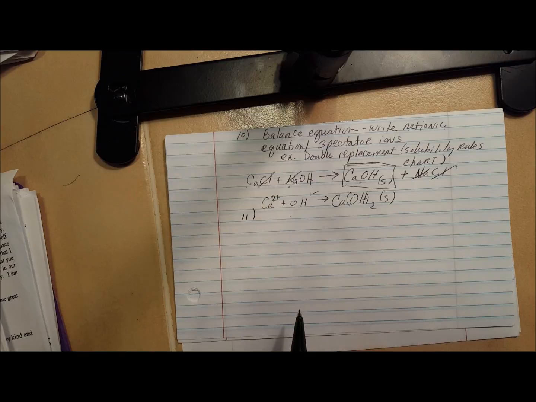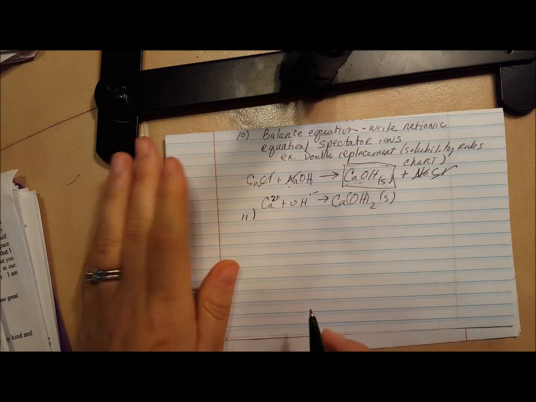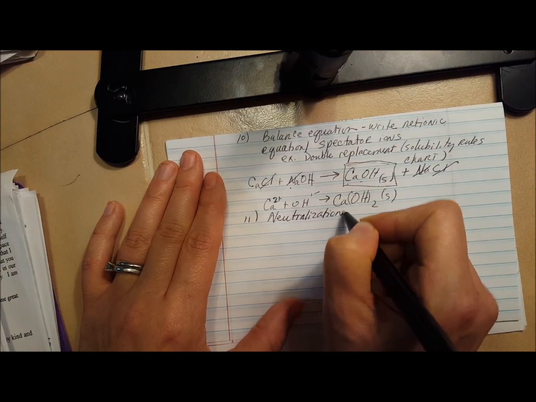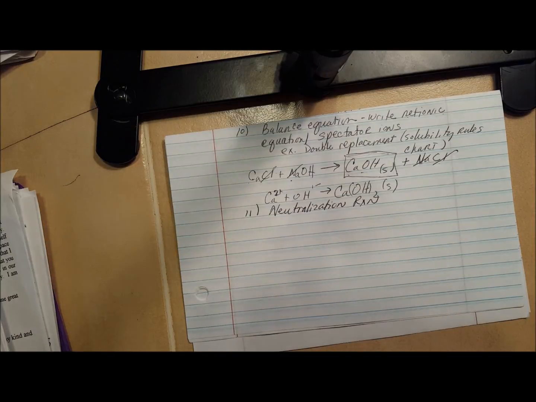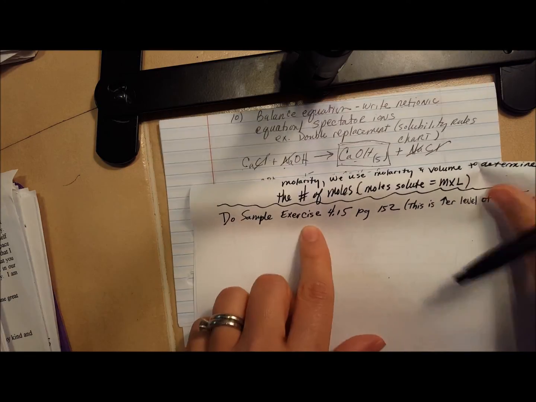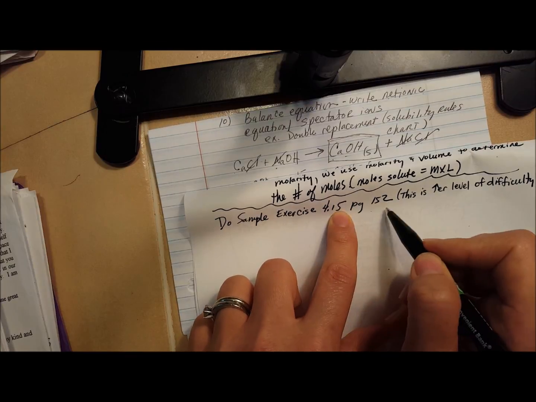And what is the volume? You're going to have to know volume. You're going to have to understand neutralization reactions, basically the reaction that we did. It's sample exercise 4.15 on page 152.